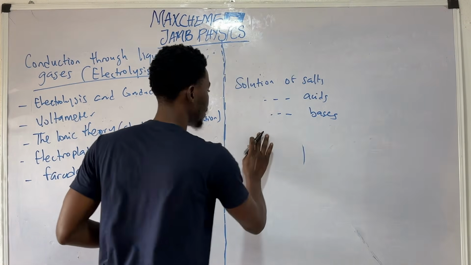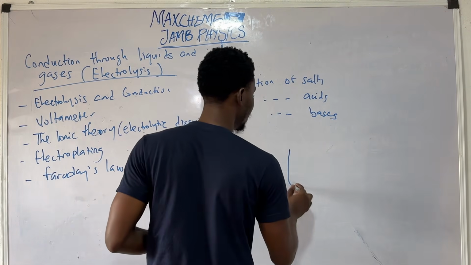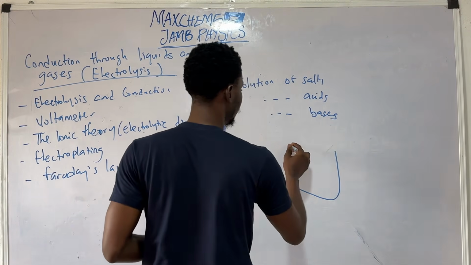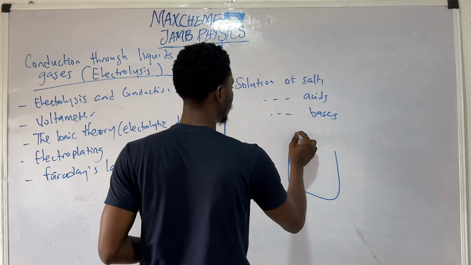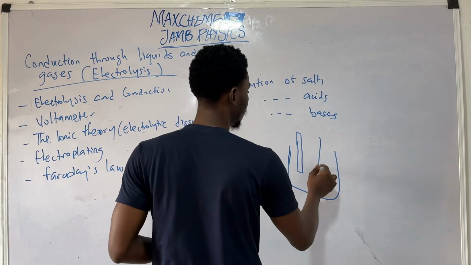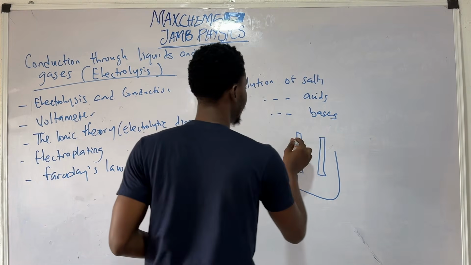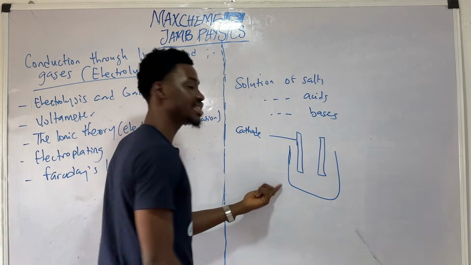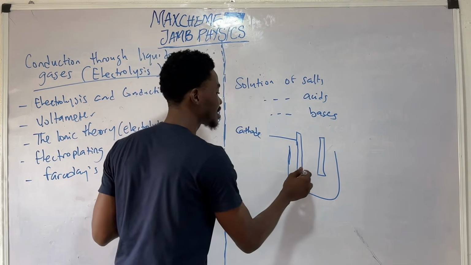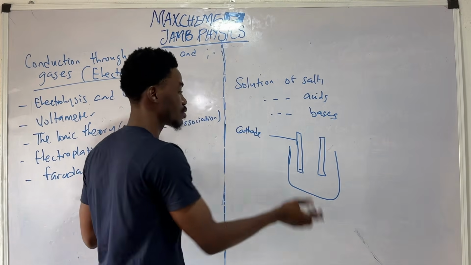Okay, drawing a voltameter here, a voltameter simply consists of a cathode and an anode. Let me label them. A cathode is negatively charged, so it can attract positive ions to itself.